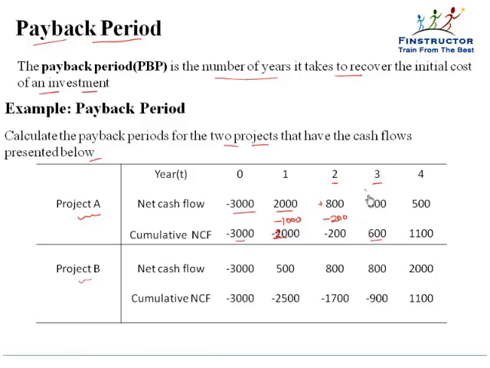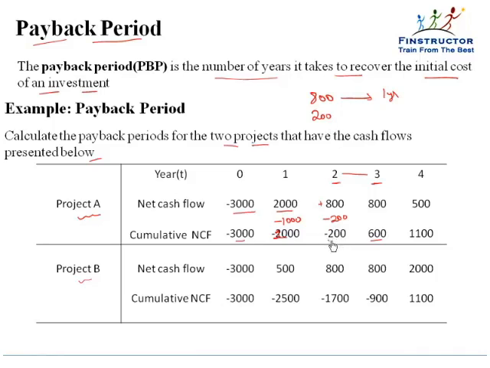So in how much time have I recovered my initial cost? Somewhere between year 2 and 3. So let's assume that the cash flows are coming uniformly throughout the year. So we are getting $800 in the third year. So in how much time will I get the $200 that I need?